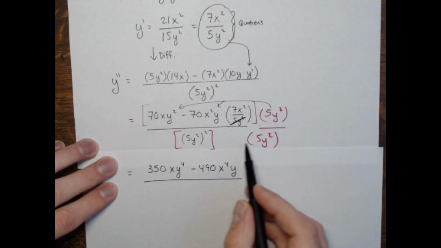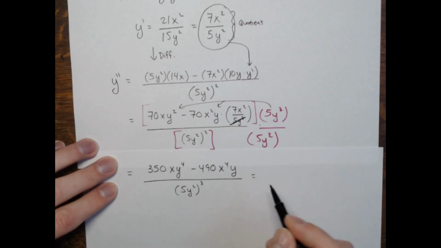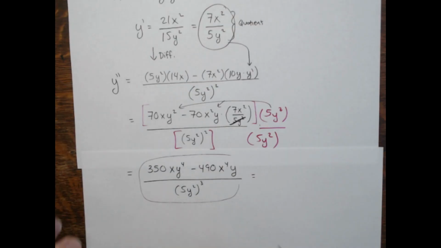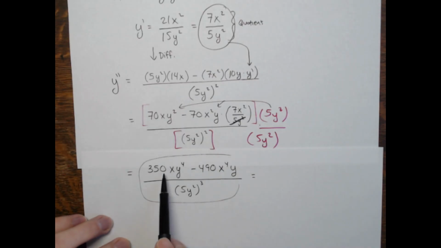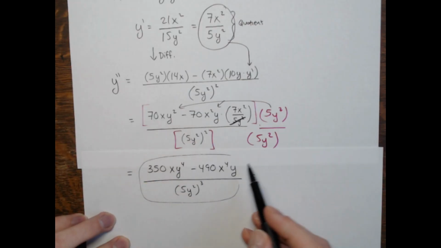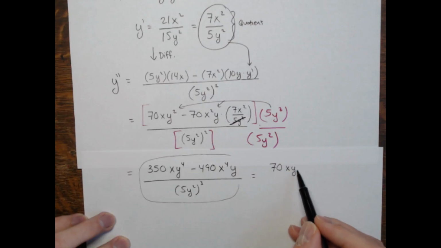And then divided by, down here, we got 5y squared, cubed. And then, like before, I told you this should be fine, right? This involves only x and y. It's a perfectly valid expression for y double prime. It's just if you were to factor this out up here, these both have 70 in common, and in fact, they both have 70 xy in common.